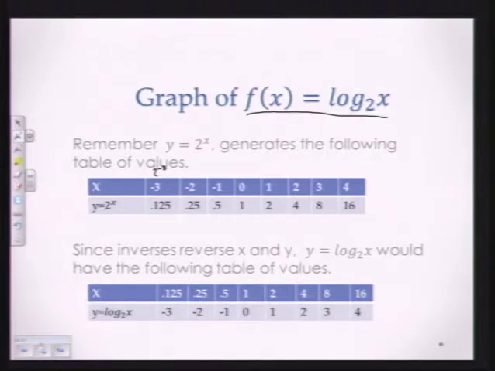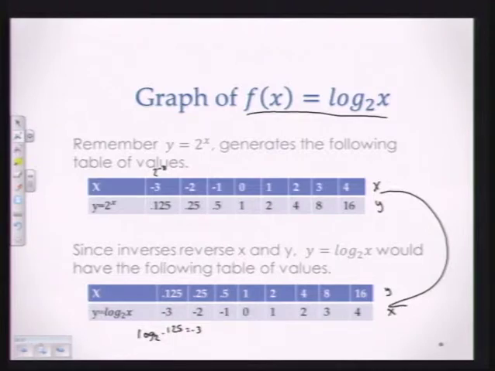And so the log base 2 of 0.125 will equal negative 3. Or the log base 2 of 1/4, 0.25, will equal negative 2. And the log base 2 of 0.5 will equal negative 1, and so on. Notice again, x and y down here now become essentially the y and the x in this case.